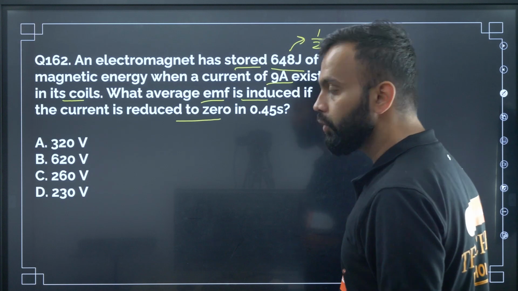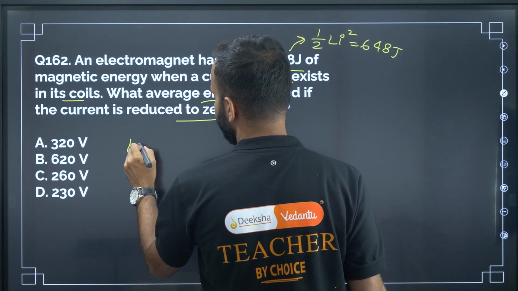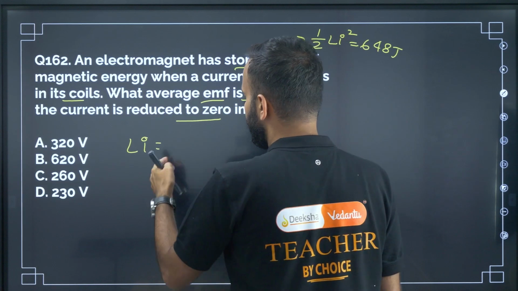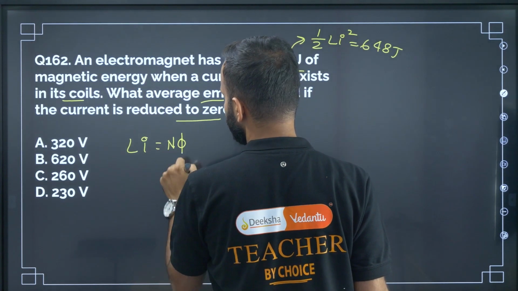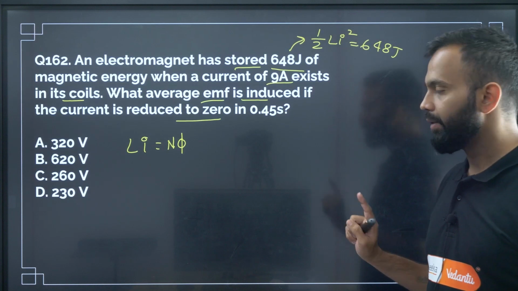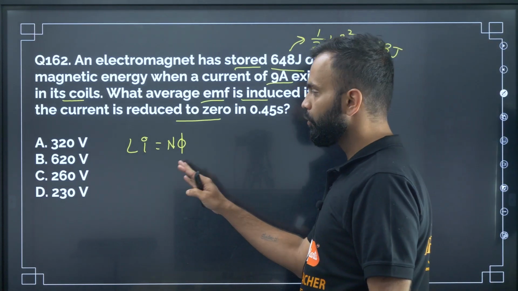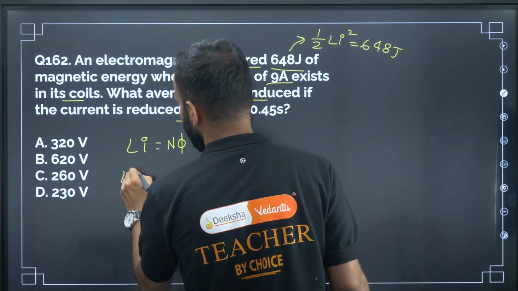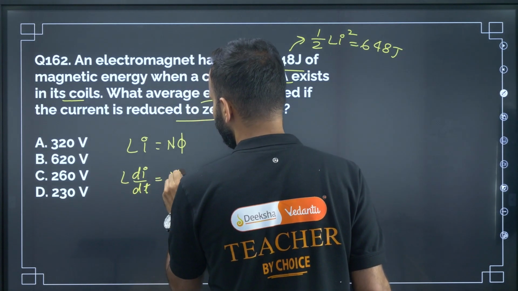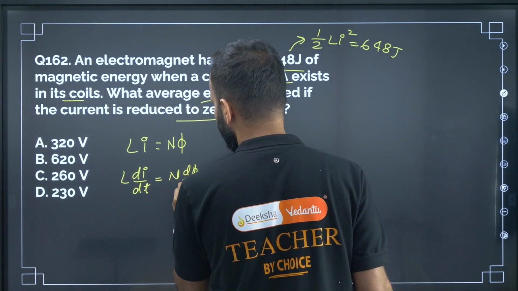Okay, so we know the relationship between L, I and phi, the magnetic flux: L I equal to N into phi. This is the relationship between self-inductance, current and magnetic flux. Now differentiate both sides with respect to t. Now L into di by dt is equal to N into d phi by dt.